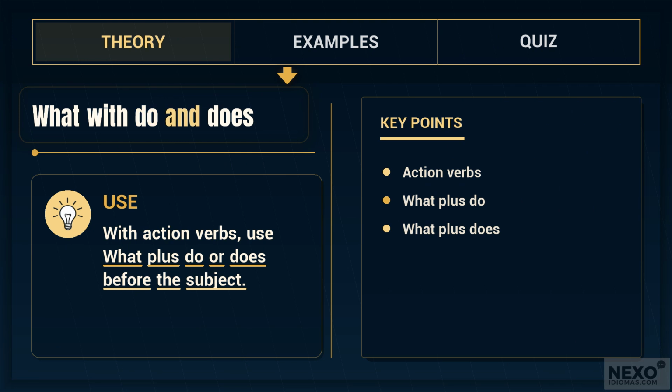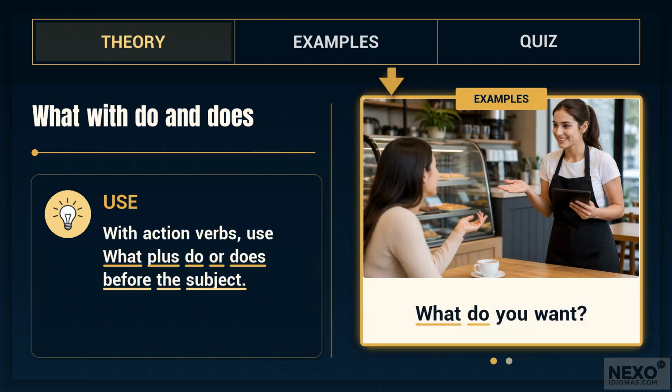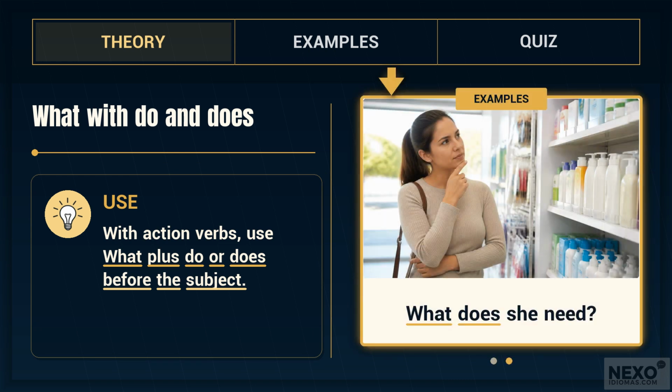What with do and does? With action verbs, use what plus do or does before the subject. Example. What do you want? Example. What does she need?